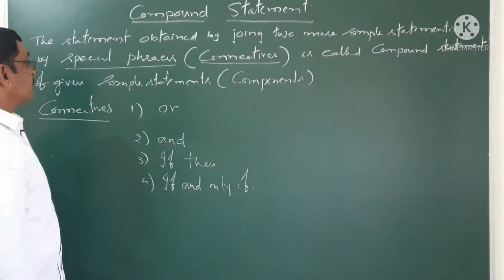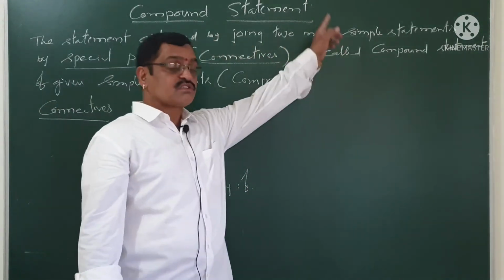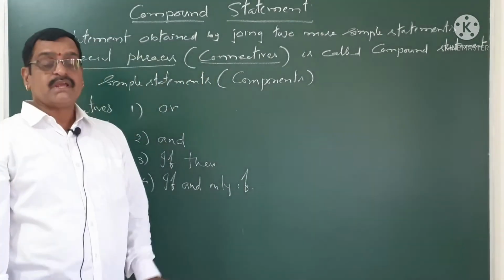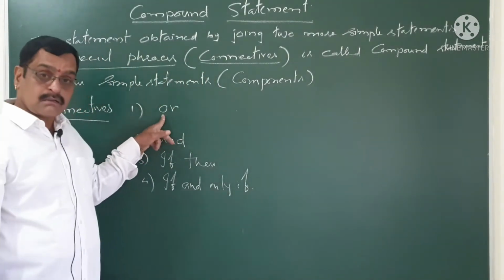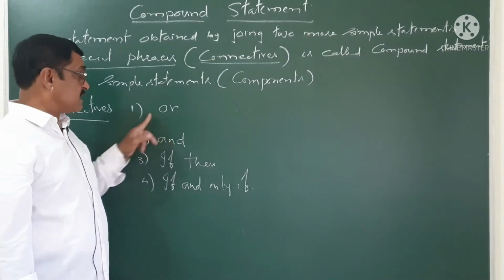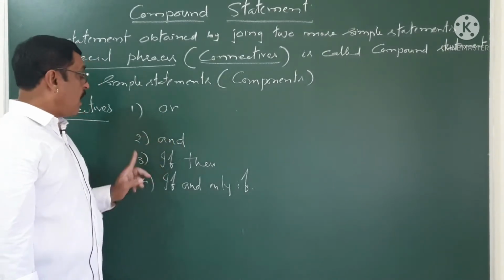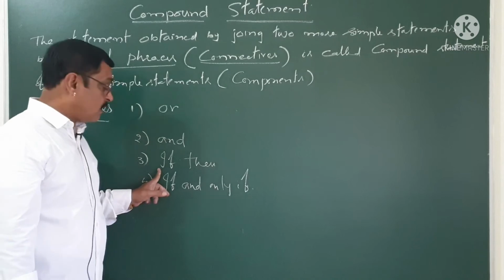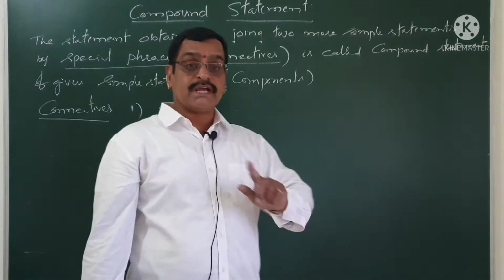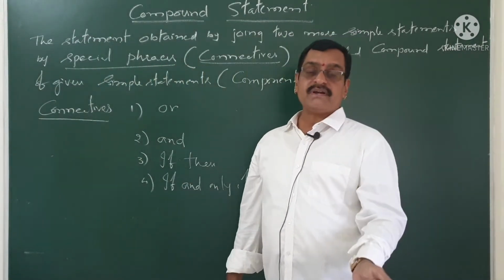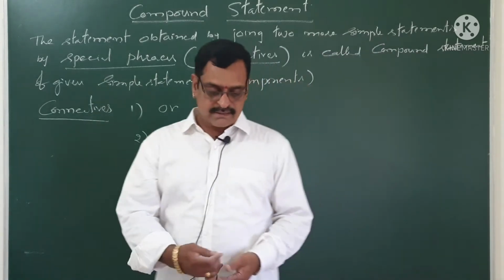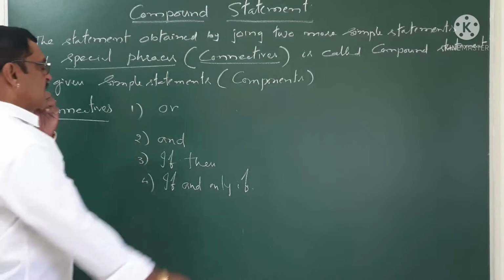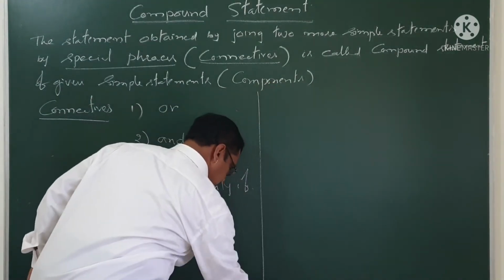I can repeat: when two or more simple statements are given, if you combine them either by the word or, by the connective and, or if then, or if and only if, we get compound statements of the given statements. So, I redefine the compound statement.